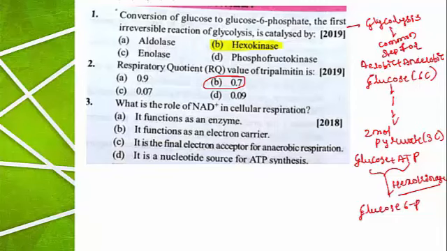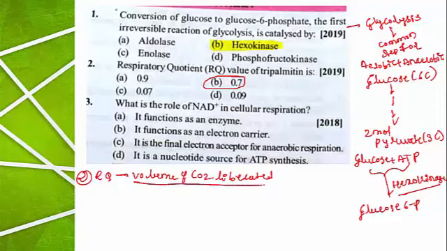For question number 2, RQ is defined as the ratio of volume of CO2 liberated to the volume of O2 consumed. This is the RQ definition.